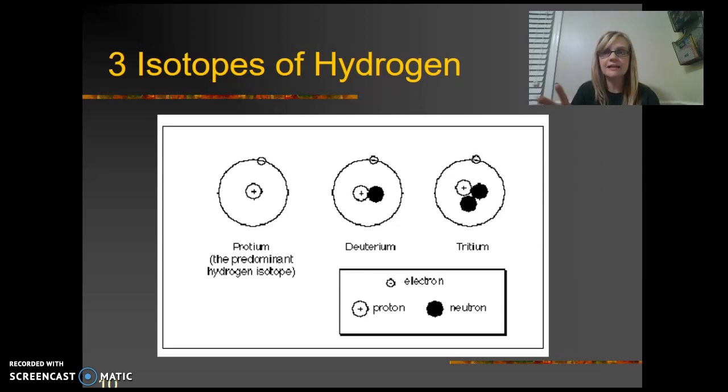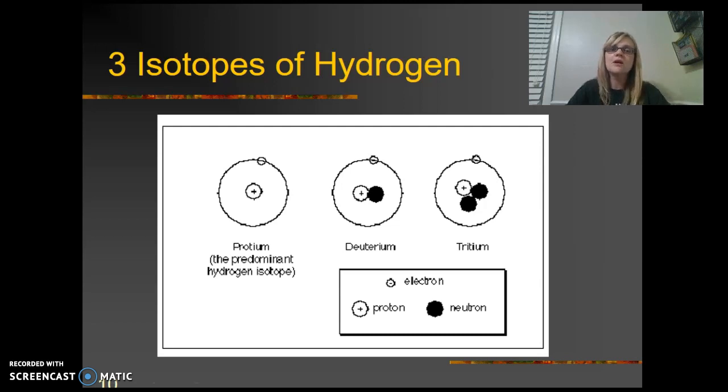The second I add another proton, I now have helium. So 1 proton equals hydrogen, no matter what. Here I have 1 proton, 0 neutrons. Here I have 1 proton, 1 neutron. Here I have 1 proton, 2 neutrons. They're all hydrogen, but these are what we call different isotopes.